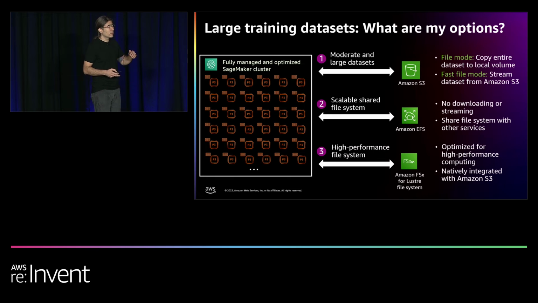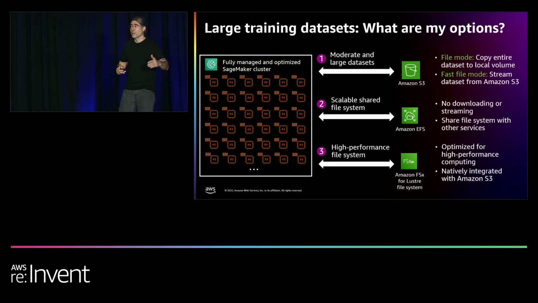But if you're talking about a huge model and a big data set, terabytes, petabytes of data, eventually you need maximum performance, high throughput, and lower latency in this process. Then you can use FSx for Lustre, which is another type of file system that is compatible with SageMaker. It's similar to EFS in terms of the way you mount.